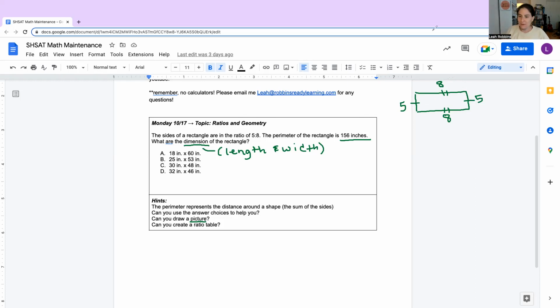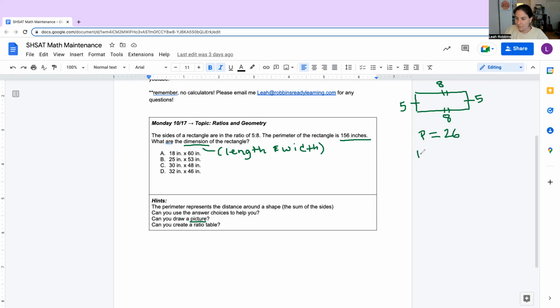So what I'm going to do is I'm going to say to myself, okay, if my rectangle was in the ratio of 5:8, what would the perimeter of this be? Well, I'll add up my sides. 8 and 8 is 16, plus 10, 26. So the perimeter is the sum of the sides, and in this case, it is 26. So here we go.